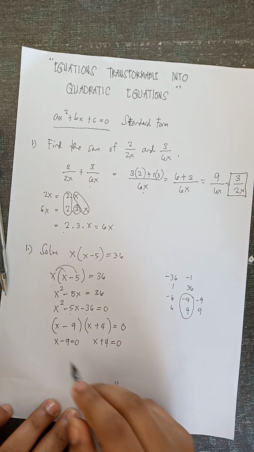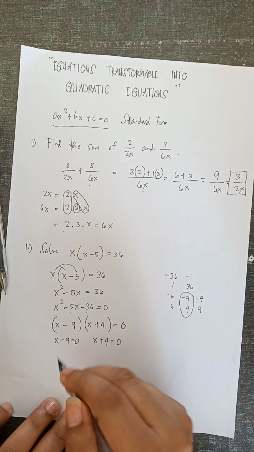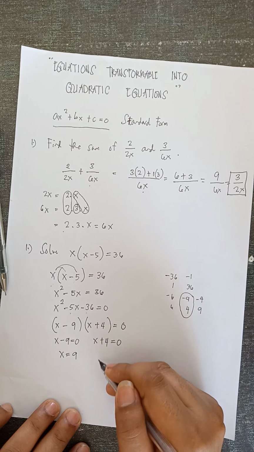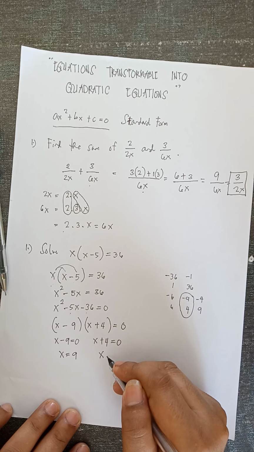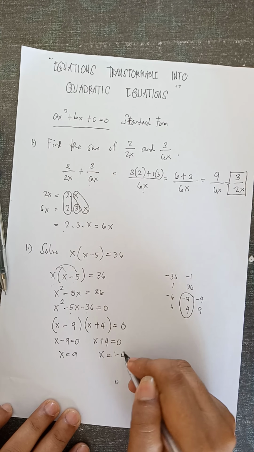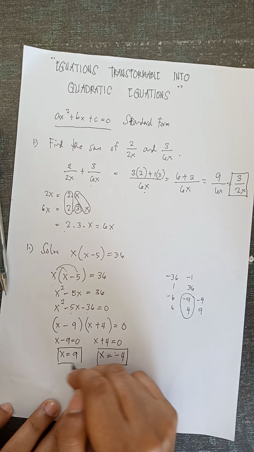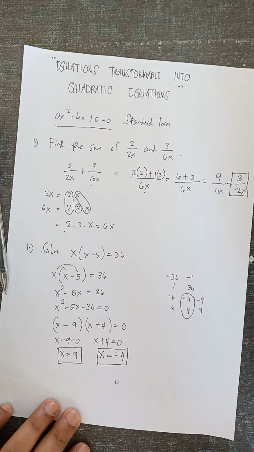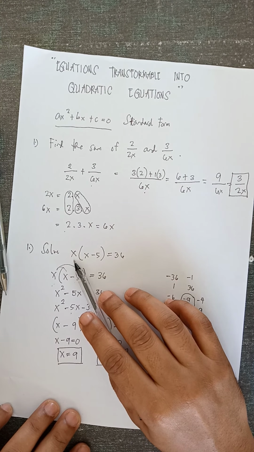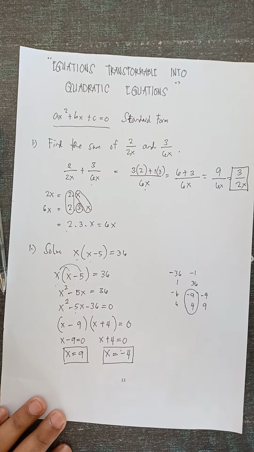So we can now get the two values of x, or the two roots of the quadratic equation. The first is x equals 9, and the other one is x equals negative 4. These are the two roots of the quadratic equation given as x times x minus 5 equals 36.